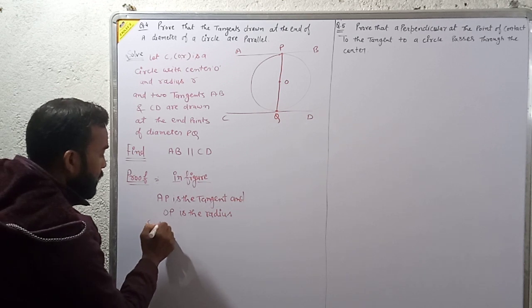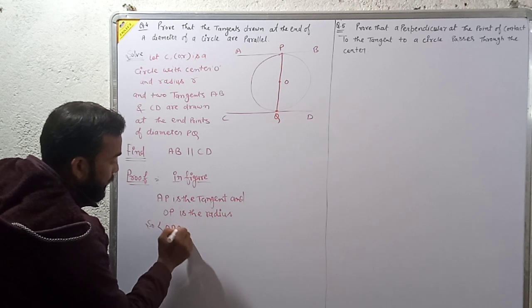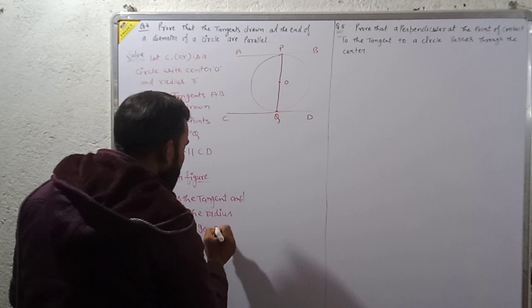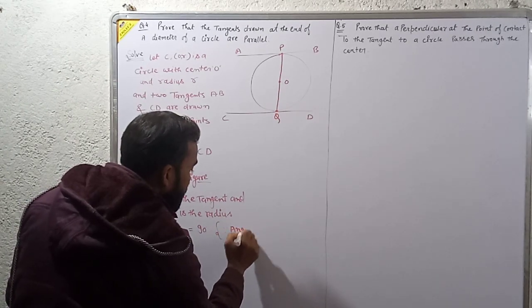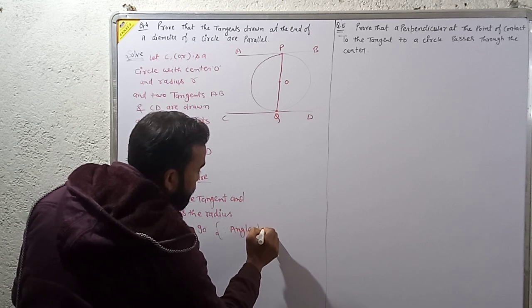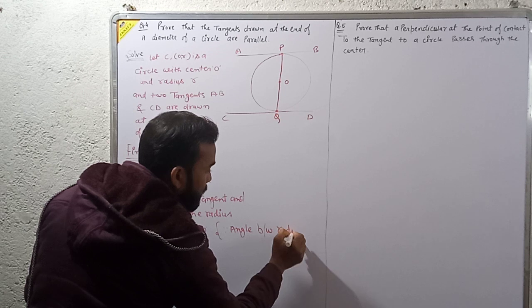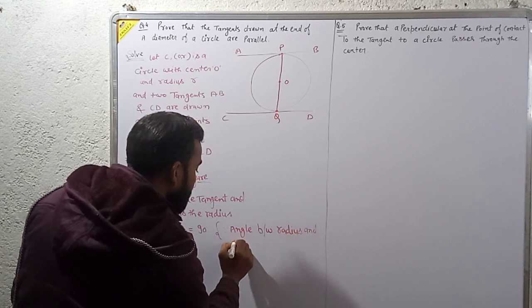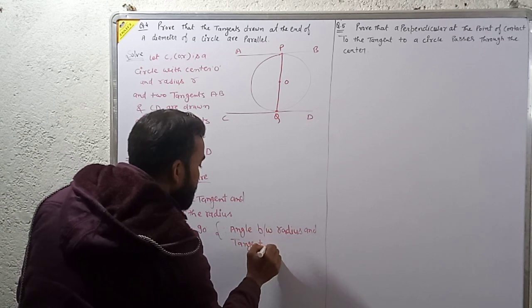So angle OPA is equal to 90 degrees, since the angle between radius and tangent.